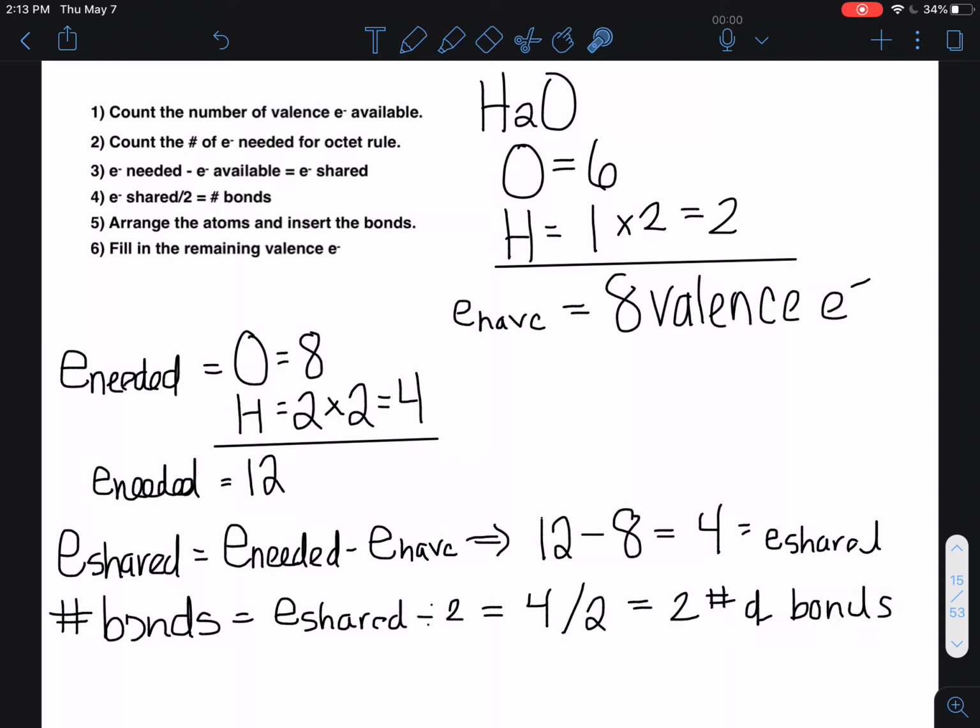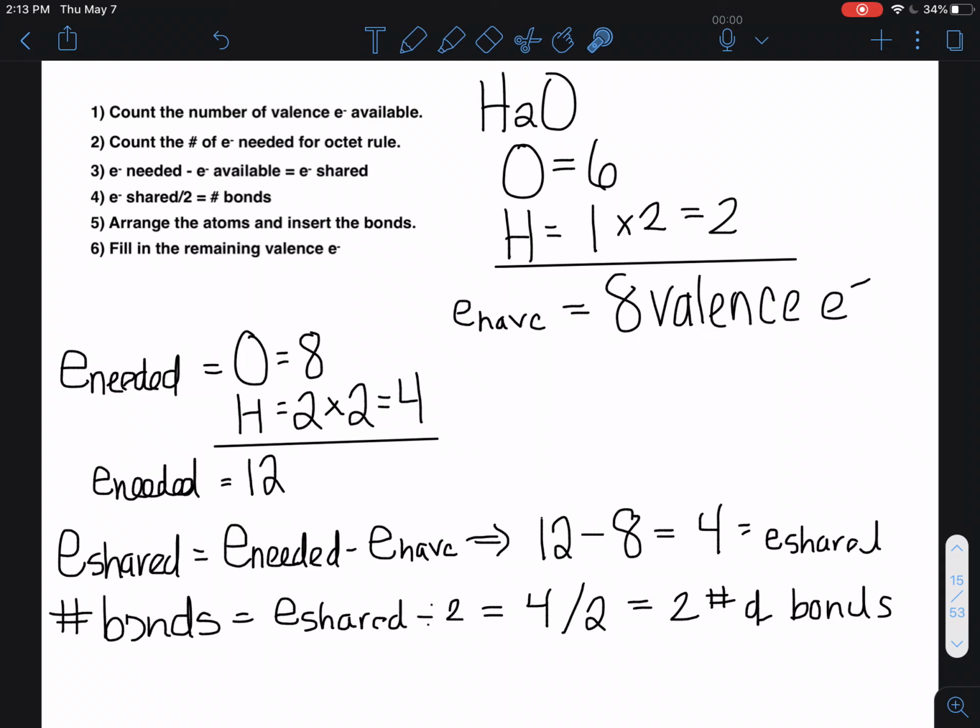All right. Now we're going to arrange the atoms and insert the bonds. Again, oxygen, solo, right? Here's the deal. Hydrogen has a little more metallic character than oxygen, but oxygen is going to be in the center. Okay, it's the solo atom.